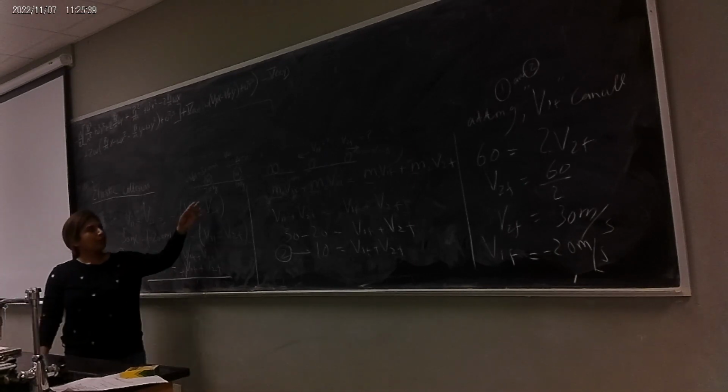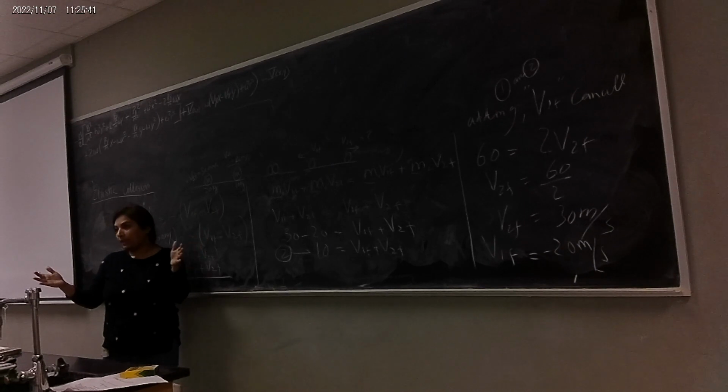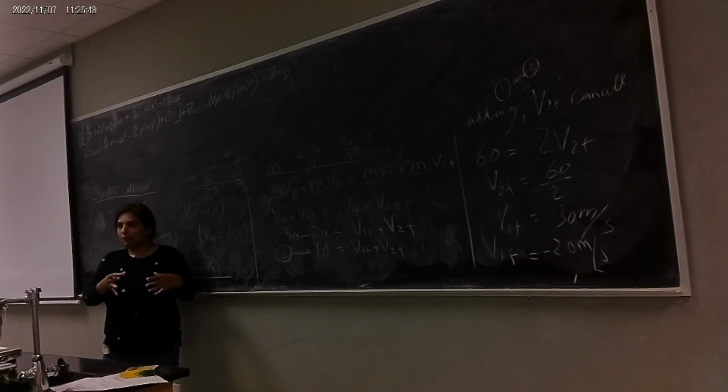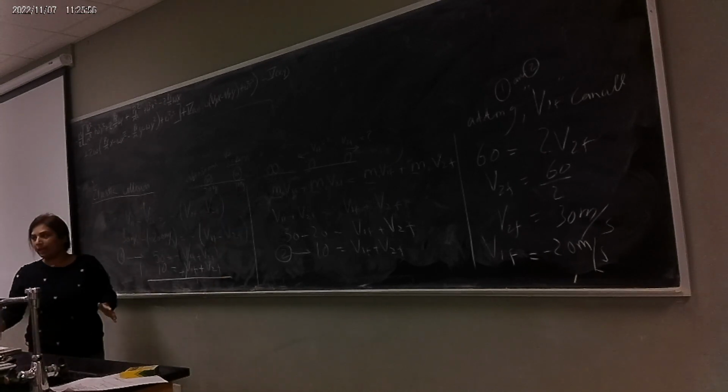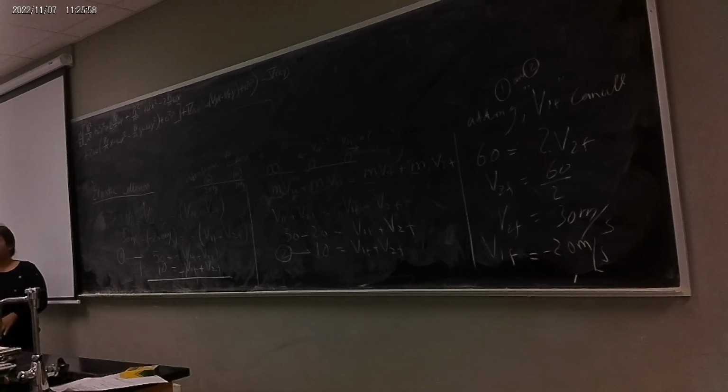They will basically combine their speeds and take a chunk of the velocity according to their mass. The heavier one will get less velocity, the lighter one will get more velocity. But at the end, they both should add up, giving you the same momentum. So this is the simplest example that you can see.